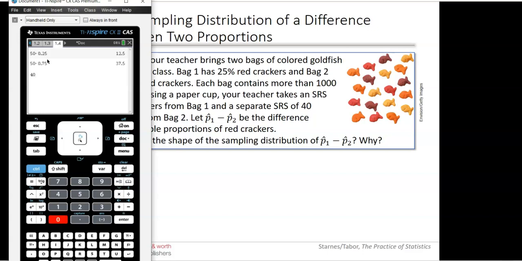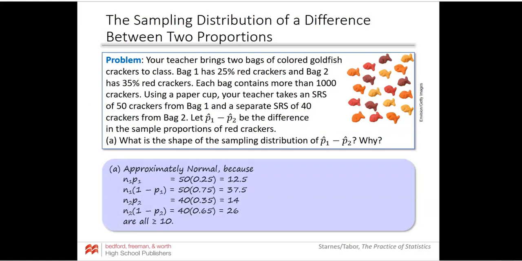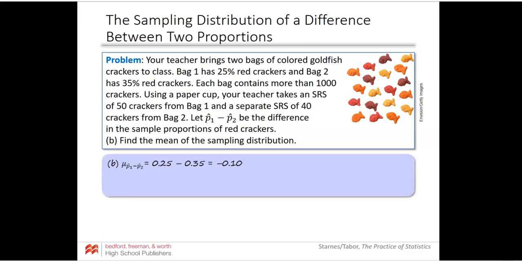Then 40 times 0.35 and 40 times Q, which is 0.65. So those are all at least 10, so it passes that condition. Because we checked it for both sets, we can say this is approximately normal because all are greater than or equal to 10. Find the mean. The mean is pretty easy, it's P1 minus P2, so 0.25 minus 0.35, which would be negative 0.1.